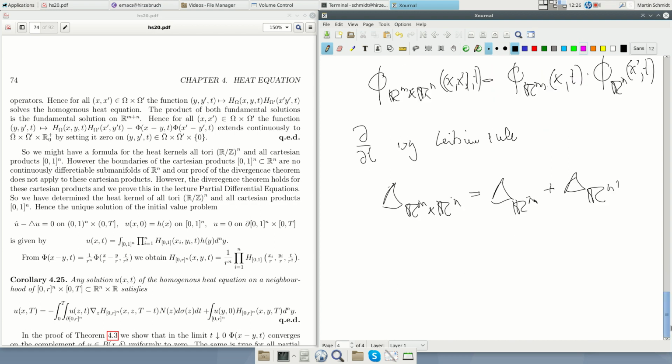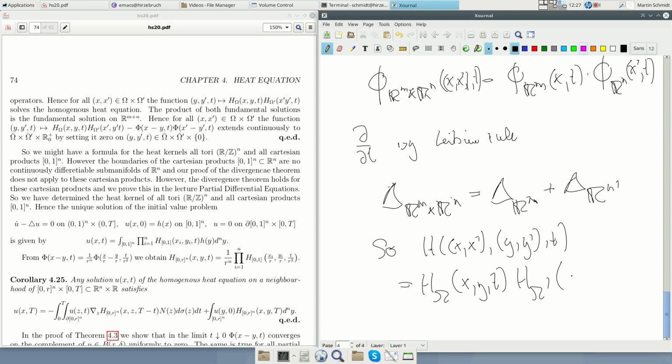Now we see that omega of x prime, t, y prime, t just equal to the product times has both properties.